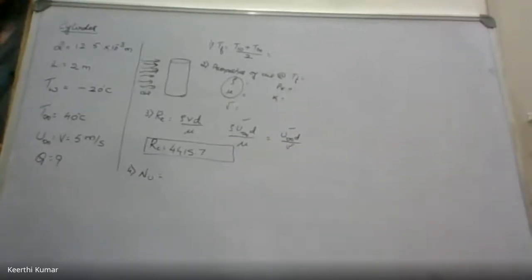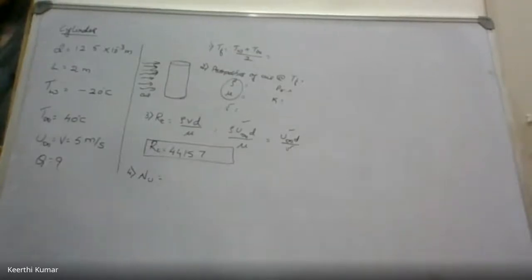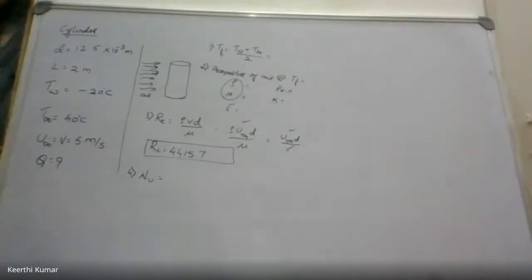Cylinder is in the page of 115. He has given flow over cylinder. Did you get it, in the data handbook that I have shared in the Google Classroom, page number 115? Okay. So can you tell the formula, what is the Nusselt number? To select the Nusselt number, at the beginning, it is a generalized equation.